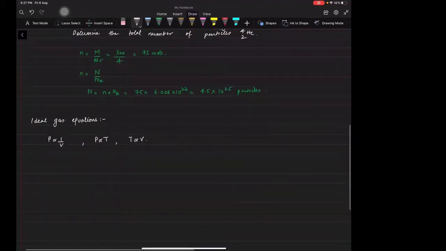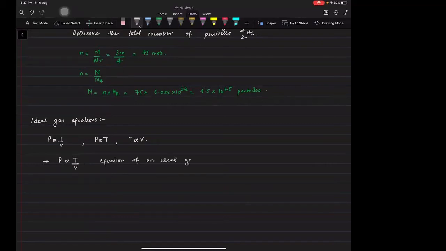So, if we combine all these equations, then we know that pressure is directly proportional to temperature and inversely proportional to volume. So, this is the equation of an ideal gas. Ideal gas is a gas which follows this proportion.